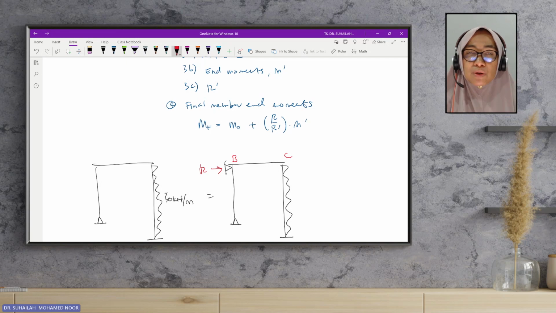The purpose is because we want to remove delta and calculate FEM due to external loading only.